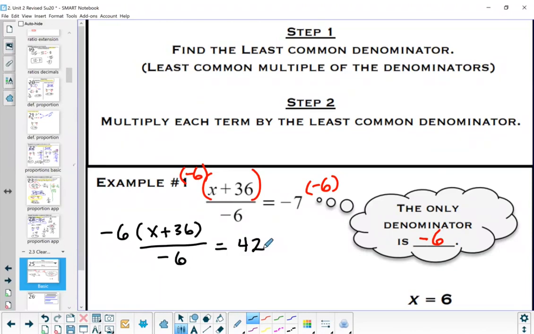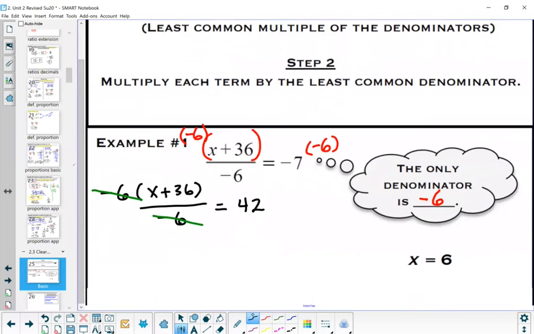Now on the left side, I'm not going to distribute in this case. I want to reduce first. -6 and then the divided by -6, that reduces. That's the clearing fraction part. You just have x plus 36 left. Fractions are cleared.